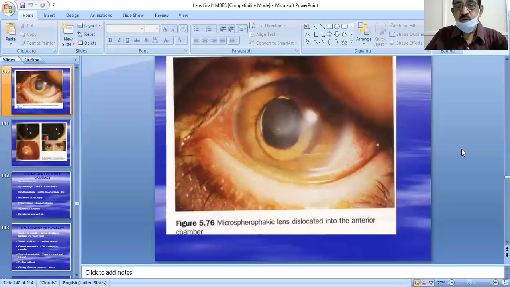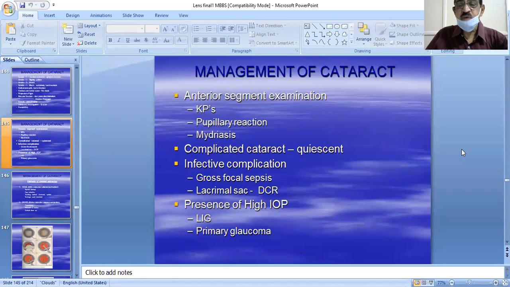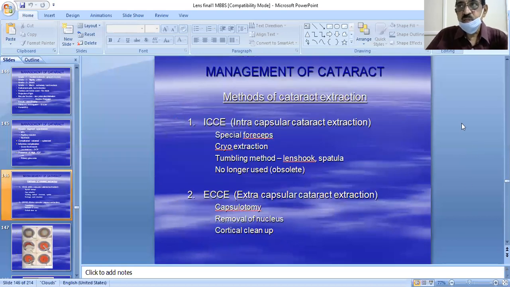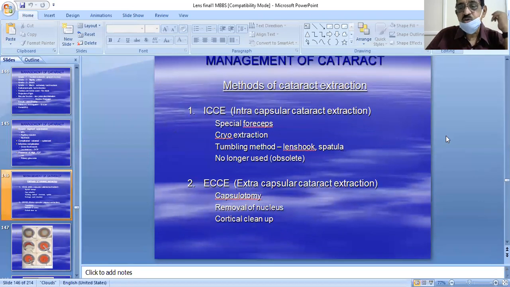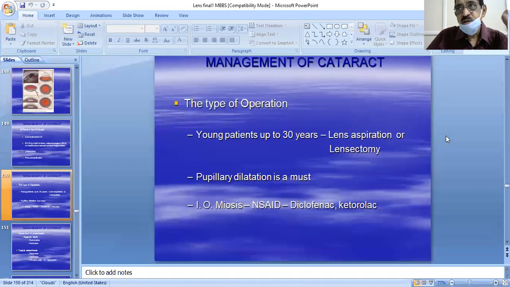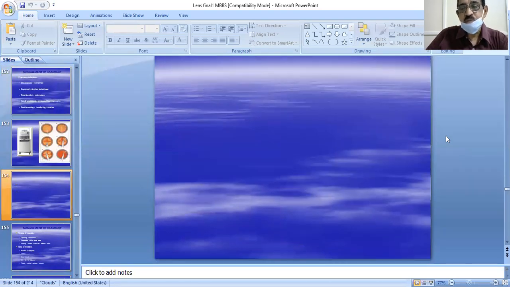So in the examination, we will ask you regarding the types of IOLs also. So the types of IOLs: initially, as I told you, from 1880 to 1990, we were doing intracapsular cataract extraction, and the whole lens is removed in toto. Say anterior capsule, nucleus, and also posterior capsule, completely we remove it.